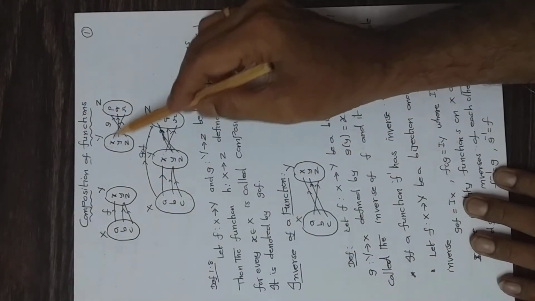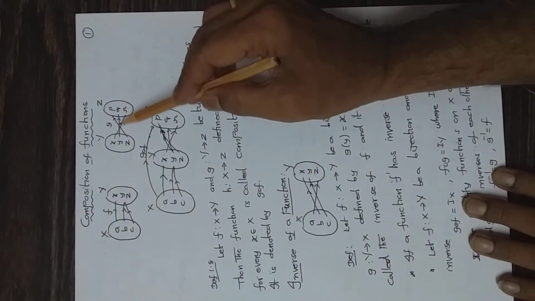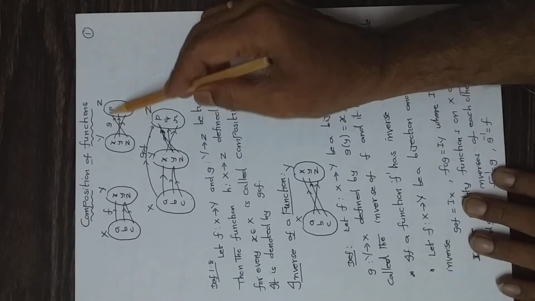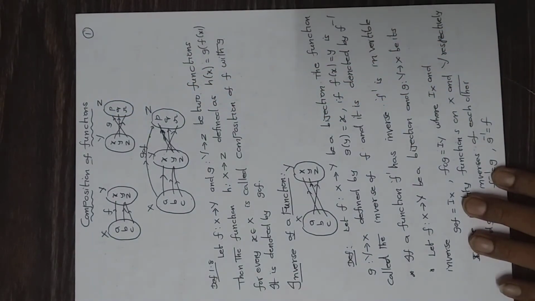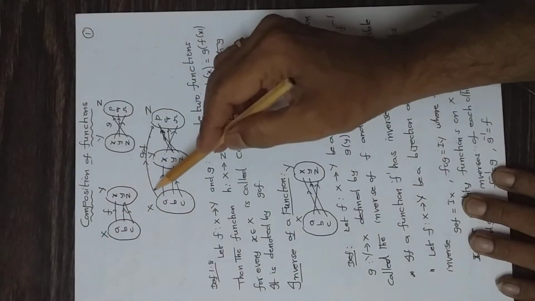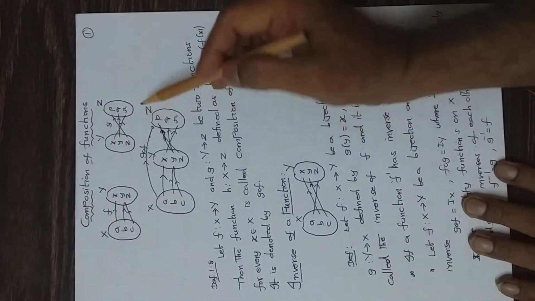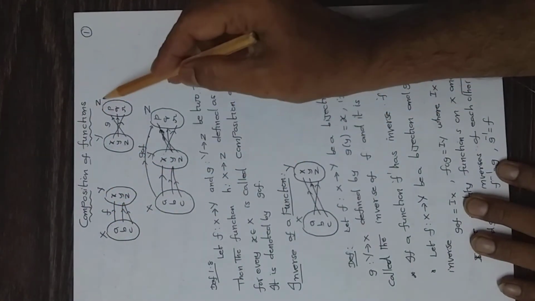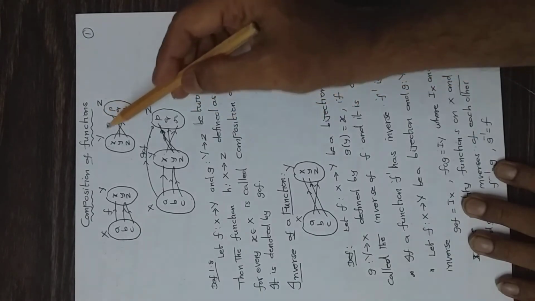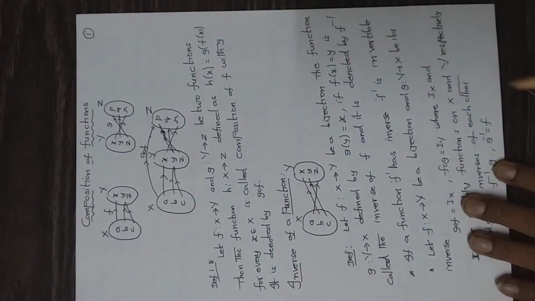But here x is mapped with r, y is mapped with q, z is mapped with p. Now you are defining a new function g circle f of x, g of f of x, which is g composition f from X to Z. In the middle, Y, we are eliminating.